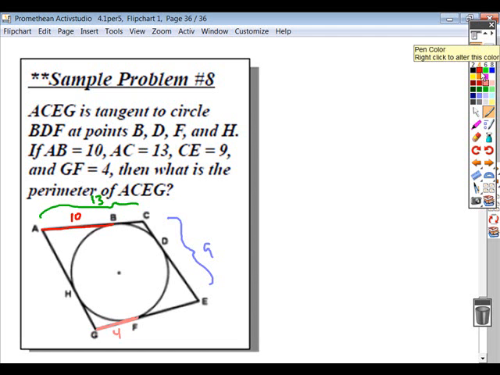When you're looking at this, you know that the other tangent segment from A is also going to be 10. The other tangent segment from G will also be 4.